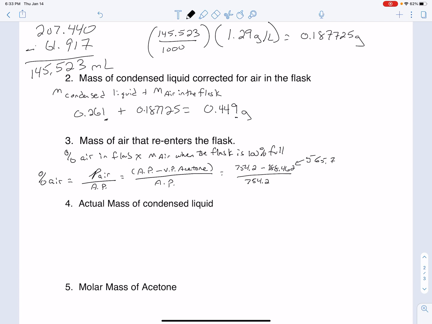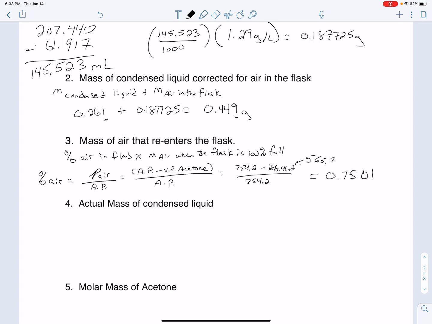754.2 times 100. So what I end up with, I get 75, so the percentage of 0. Let's see my sig figs here, 1, 2, 3, 4, 7, 5, 0, 1.